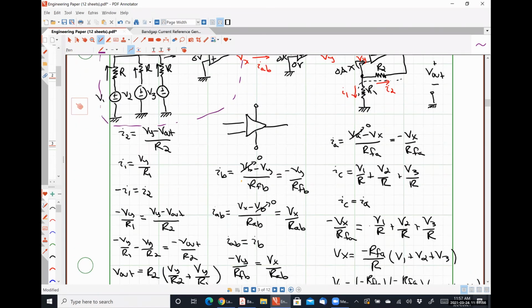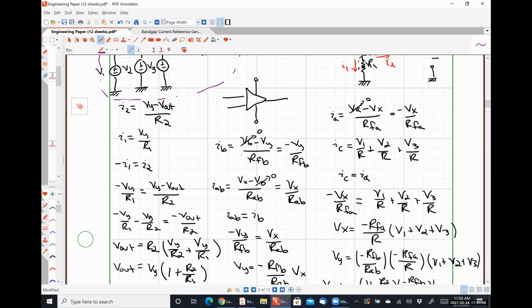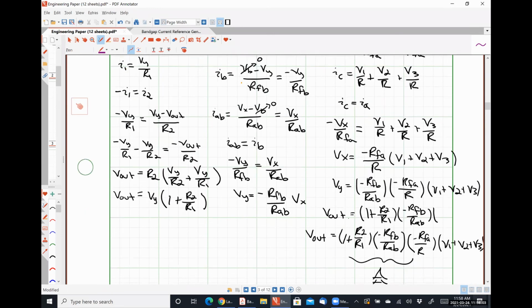Now, if you flip to whatever page it is, it's 182 in the book. That's what we talked about last time.